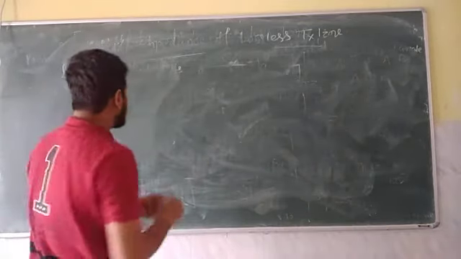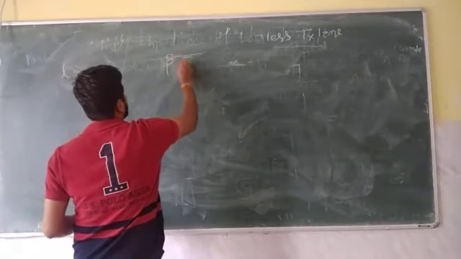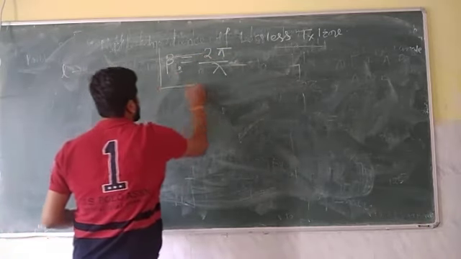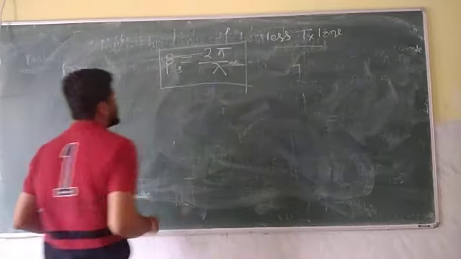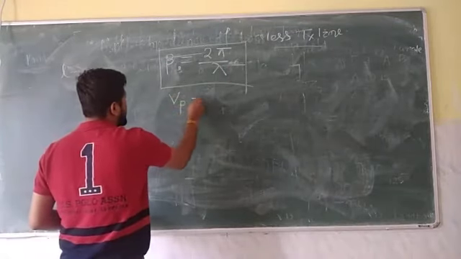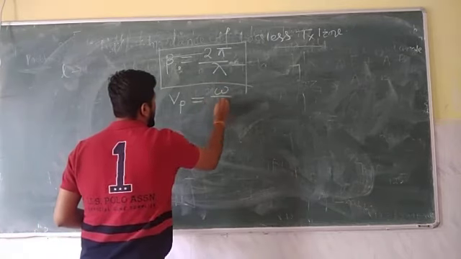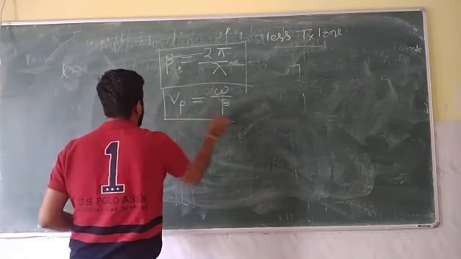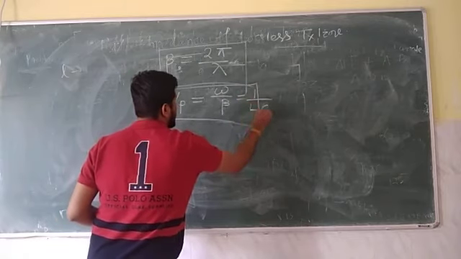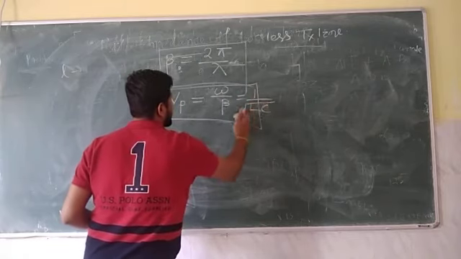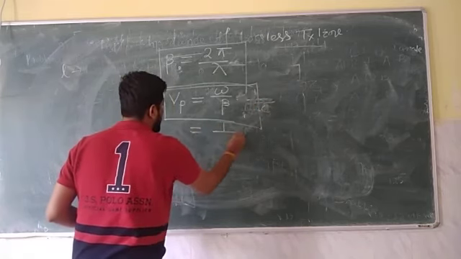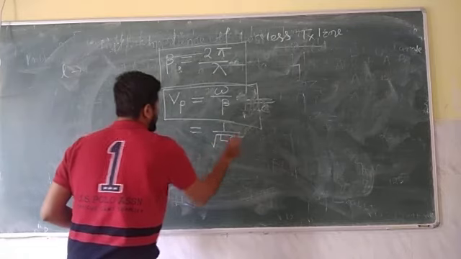So this phase constant beta, always remember beta is equal to 2 pi by lambda. This is another formula. Beta is 2 pi by lambda, and phase velocity Vp is omega by beta, which is nothing but 1 by root over LC.